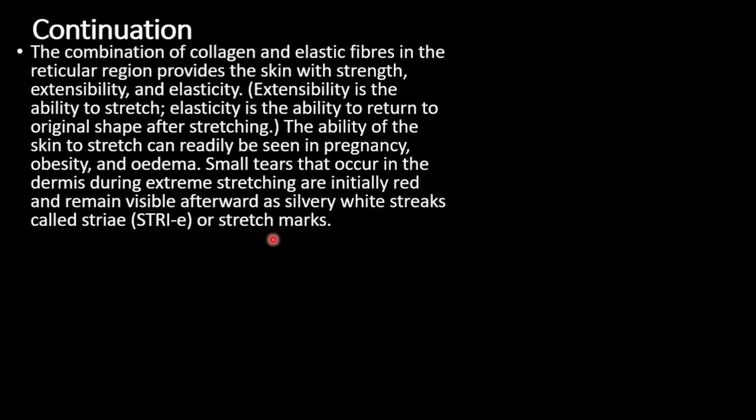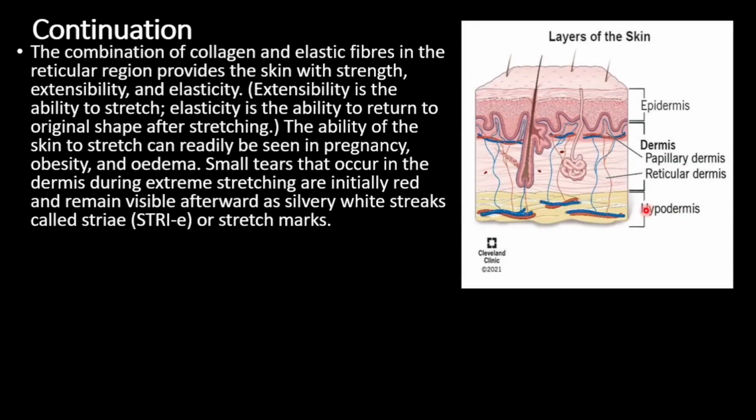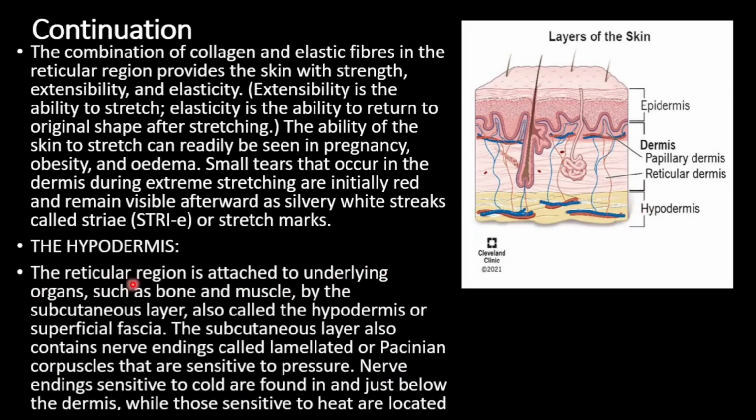But below the dermis, we also have a layer which we call the hypodermis, that we talked about in the beginning. The hypodermis is this. It is attached to bones and muscles below the body. So the hypodermis anchors the skin to the tissues and the bones and the muscles in the body.